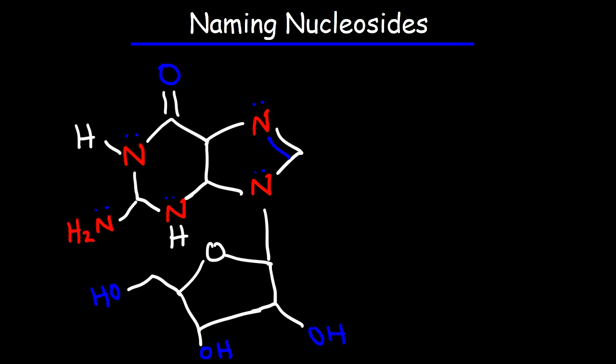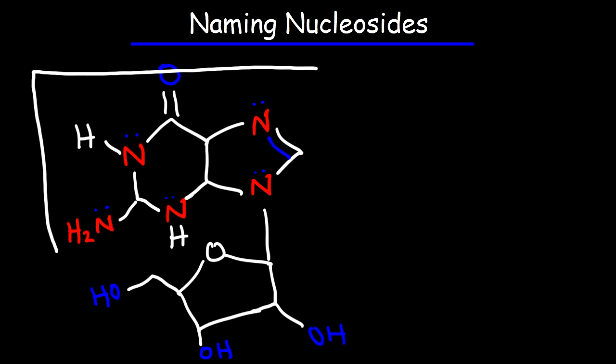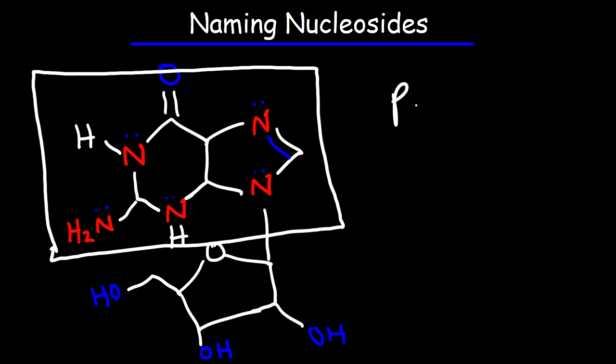How would you name this particular nucleoside? So the first thing we need to do is identify the type of nitrogenous base that we have. Now based on the structures that we drew earlier, what kind of base do we have? Well, first, is it a purine or is it a pyrimidine?